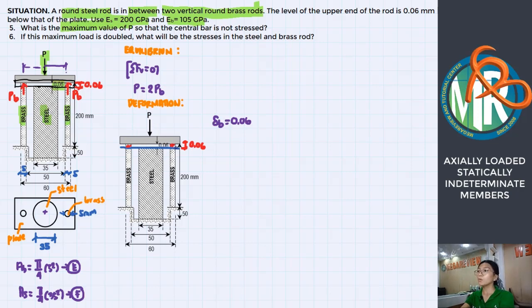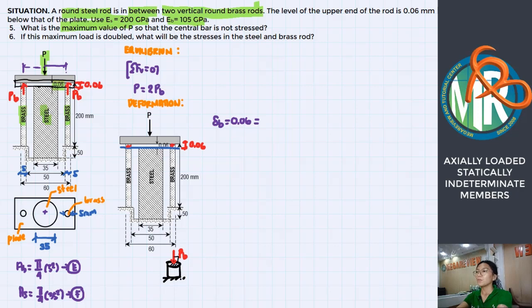So the deformation on this brass is equal to the deformation on the other side. This is axial deformation again. If we cut and look at the top view, this is your brass rod, and the compressive force acts perpendicular to the cross-sectional area.